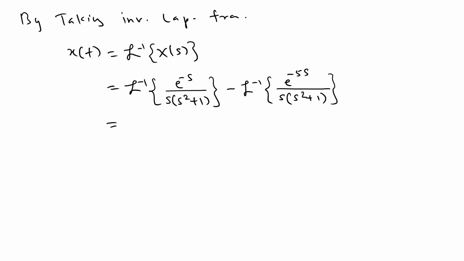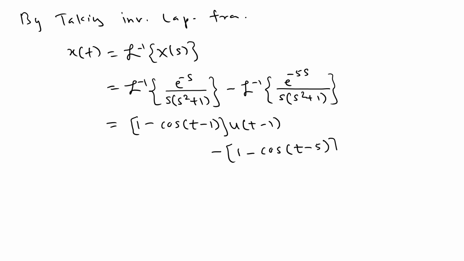The first one is simply (1 minus cosine(t minus 1)) times u(t minus 1), minus the second one, which is (1 minus cosine(t minus 5)) times u(t minus 5). Perfect.